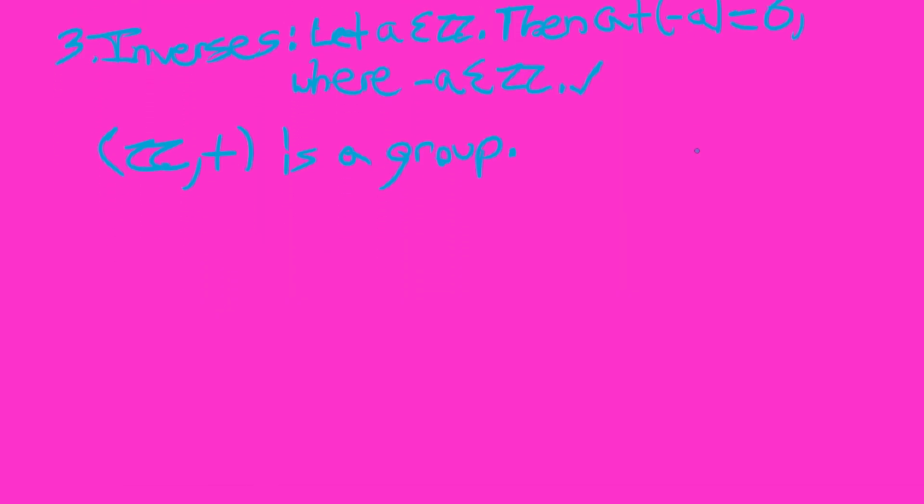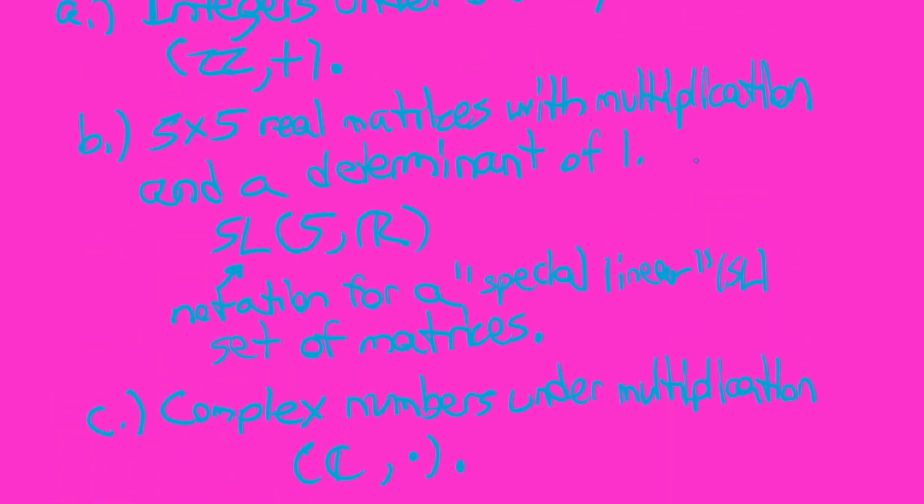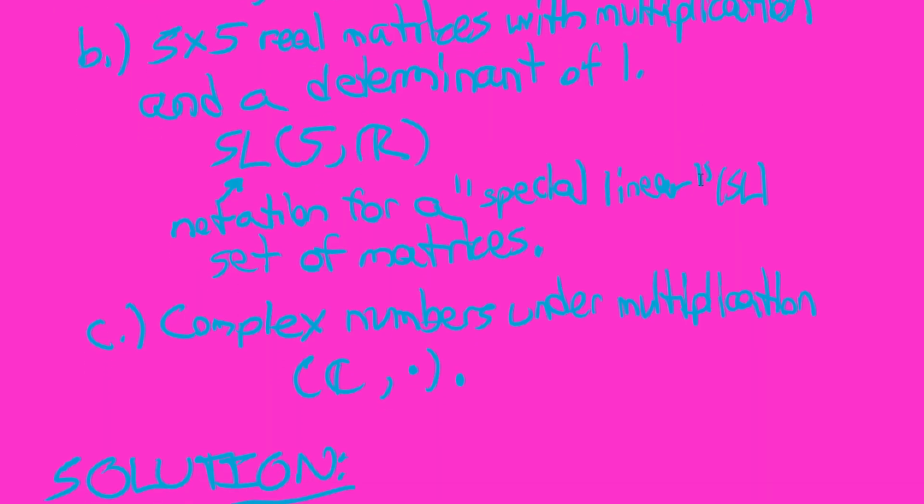All right, now let's look at our second set. We're going to have 5 by 5 real matrices with multiplication and a determinant of 1. This is the special linear set of matrices. So let's first check for closure. Under our multiplication binary operation, we need to let A and B be elements of our special linear group.